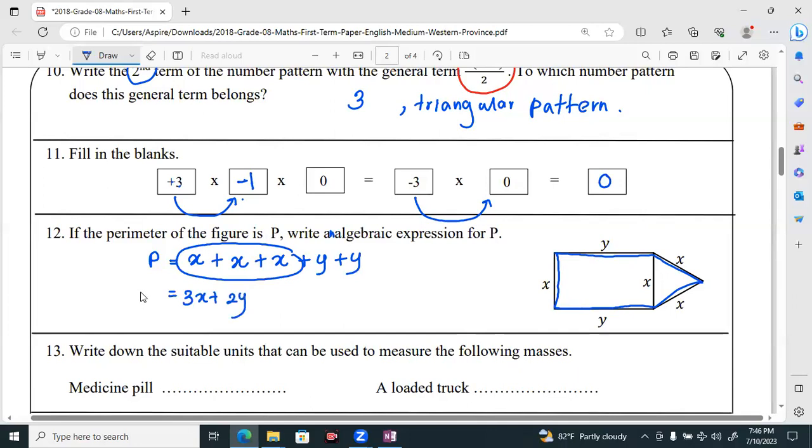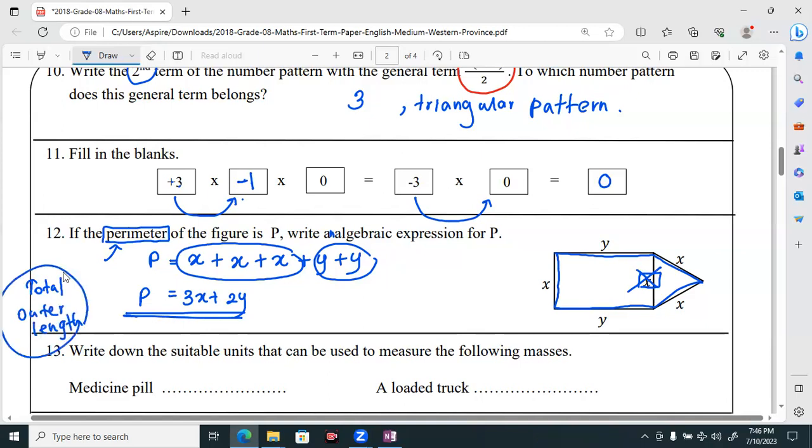It's because all the like terms should be simplified. Why didn't we add this x? We know that perimeter means total outer length. I have taught you that to find the perimeter, you have to sum up all the outer lengths.